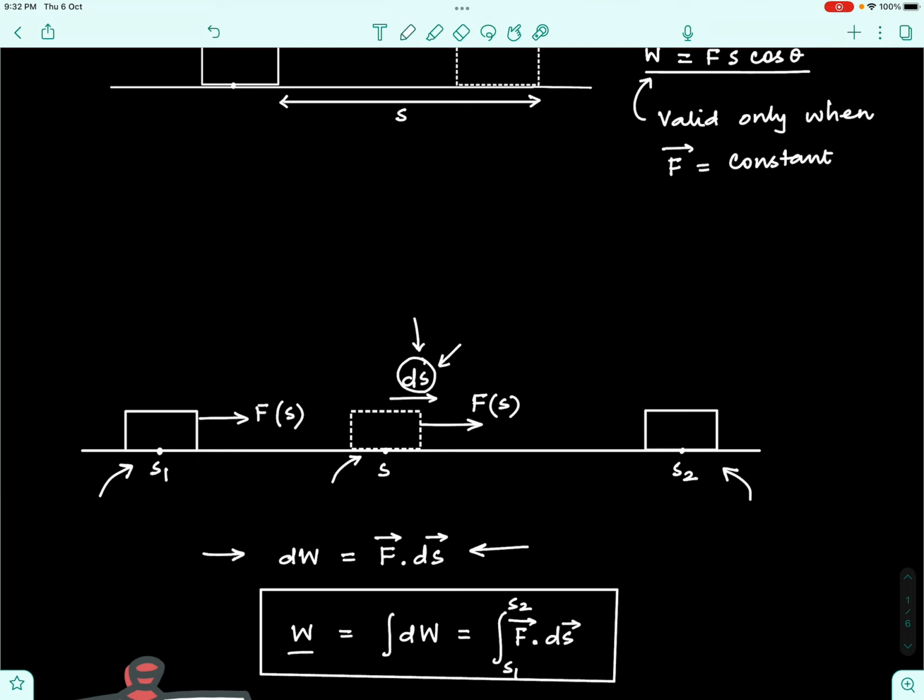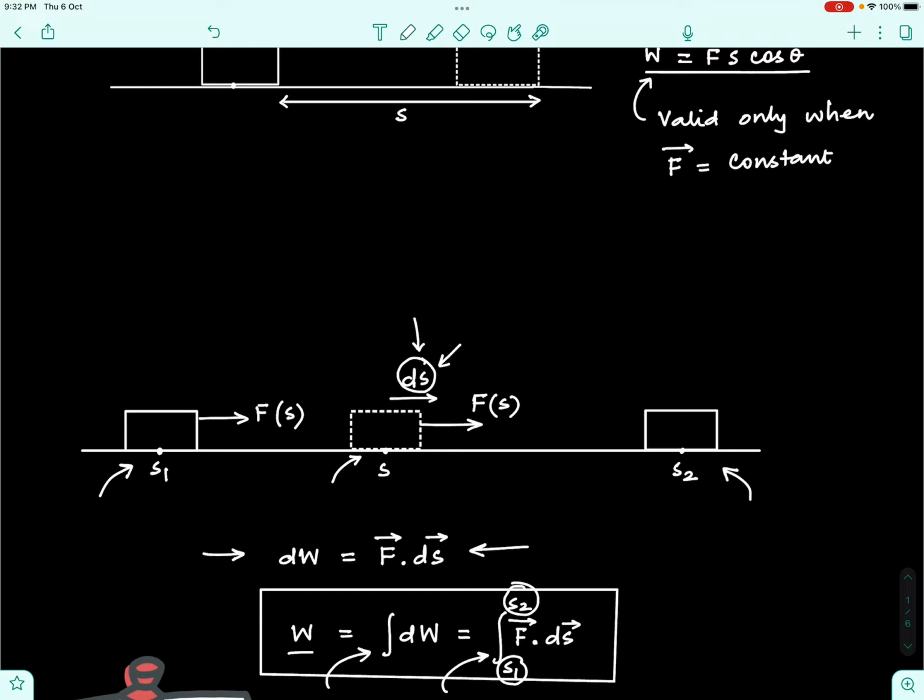The total work done W can then be written as the integral of dW, which becomes the integral of F dot ds, and since the initial position of the block is S1 and the final position is S2, S1 and S2 become the lower limit and the upper limit of this integral.